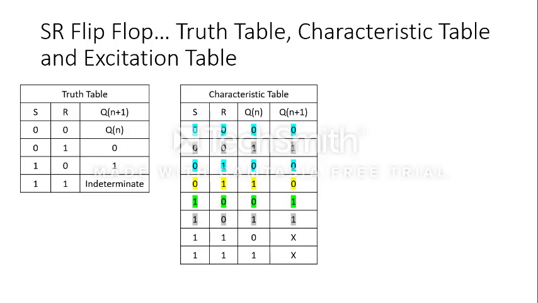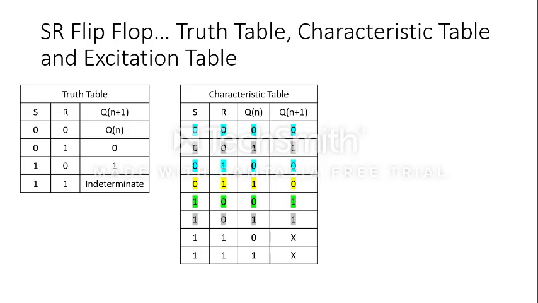Now think about the last part, when both S and R are 1 1. We have already checked that this is an indeterminate state, right? And we have already discussed this in our previous video. When both S is 1 and R is 1, that means you are trying to set as well as reset at the same clock pulse, you will not have any proper present output.